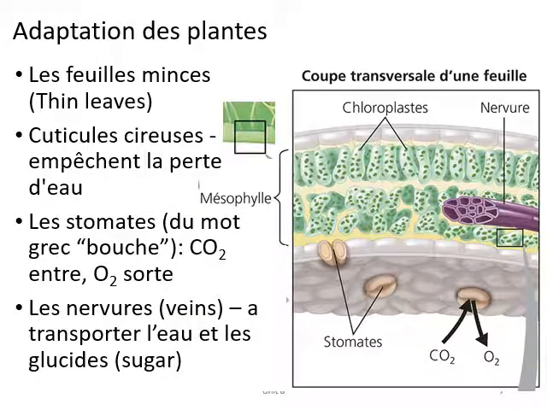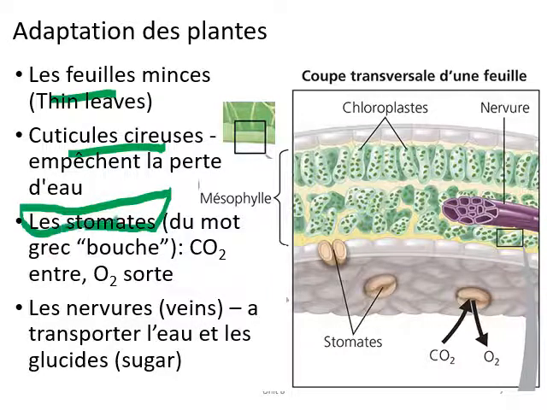Plants are adapted for using the sun to make food. They have very thin leaves so that the light can penetrate. They have a waxy cuticle, though, on the leaf and on their stem to prevent water loss. They have these structures called stomates that allow for gas exchange.